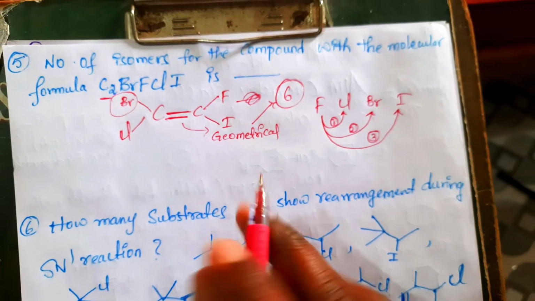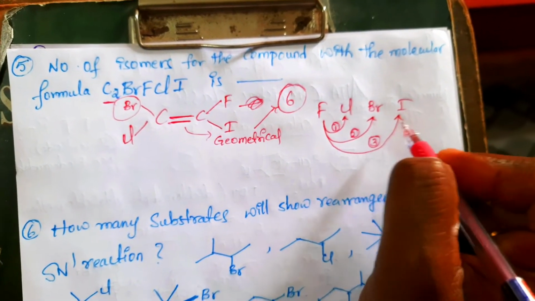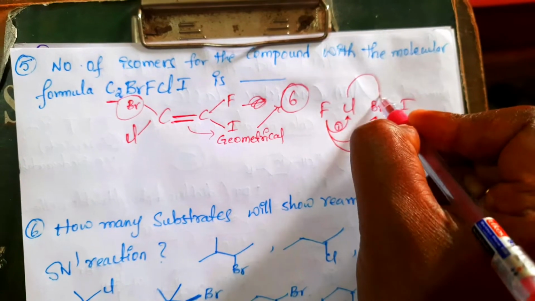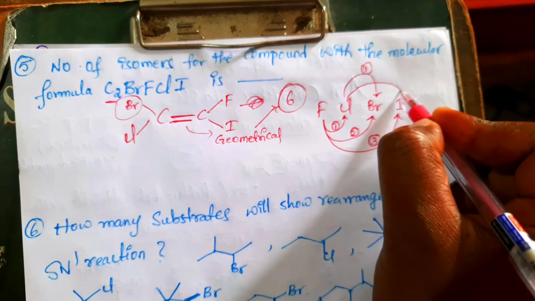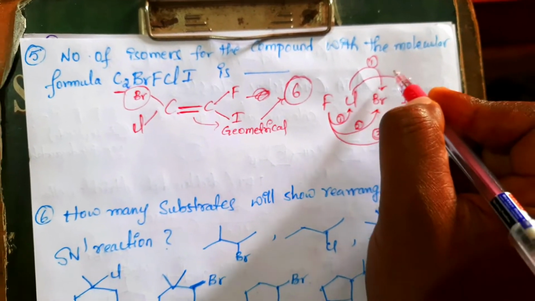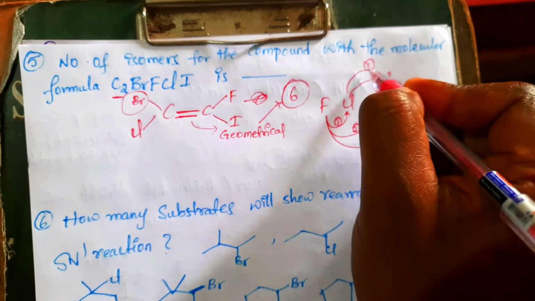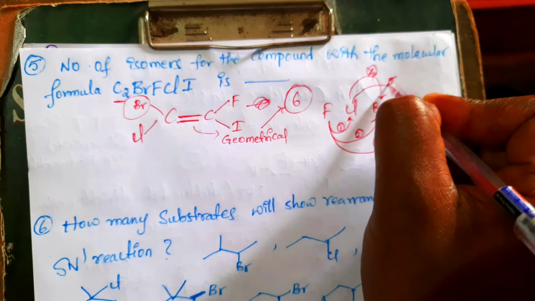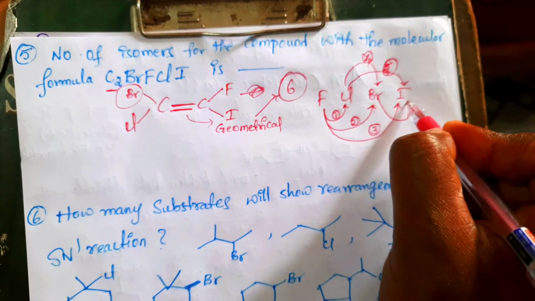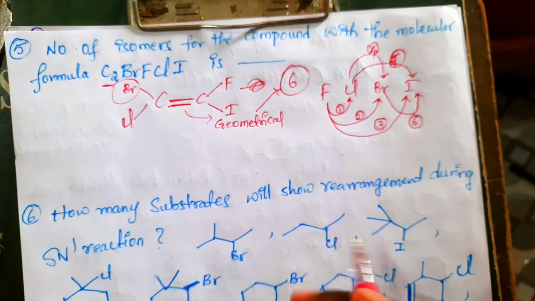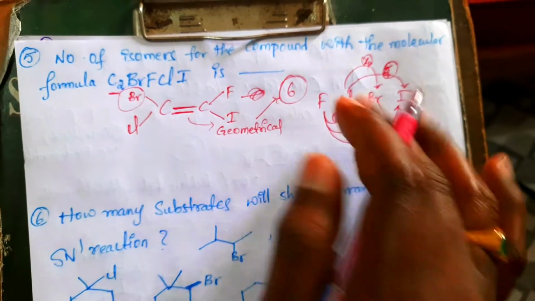So 3 isomers we got. Then chlorine can replace bromine, one isomer. Chlorine can replace iodine, that is the 2nd, so that is 3, 4, 5. Next, bromine can replace iodine, that is the 6th isomer.